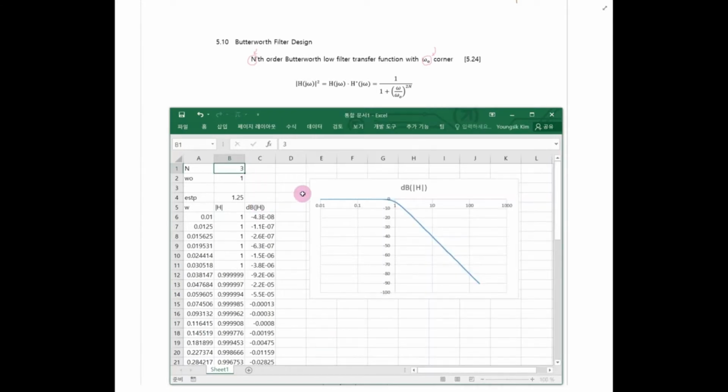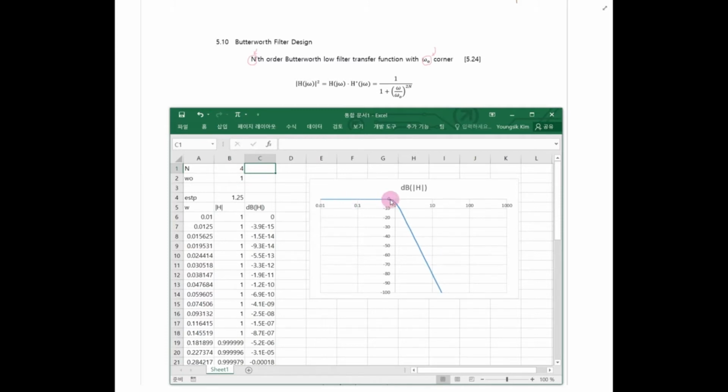3, 4, 5. What's the effect of the filter order? You can see it's much steeper as the filter order is increased. In the first order, it looks like this one. In the second order, it's decreasing a little faster, and the third order is faster, and the fourth order is faster.